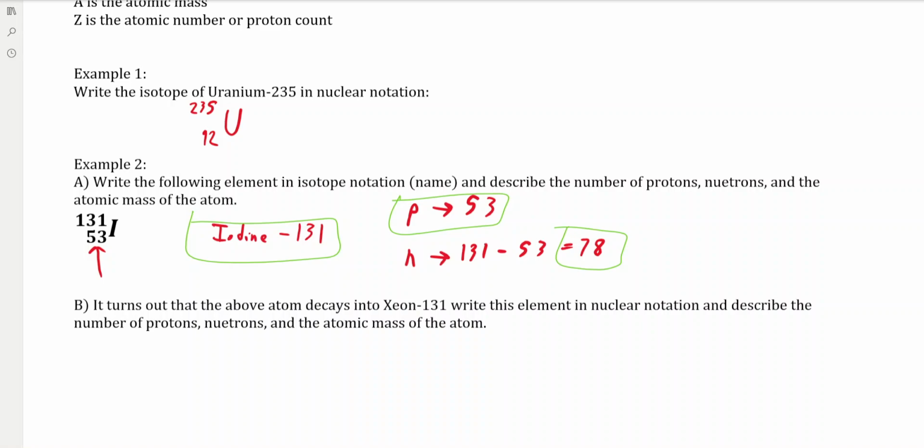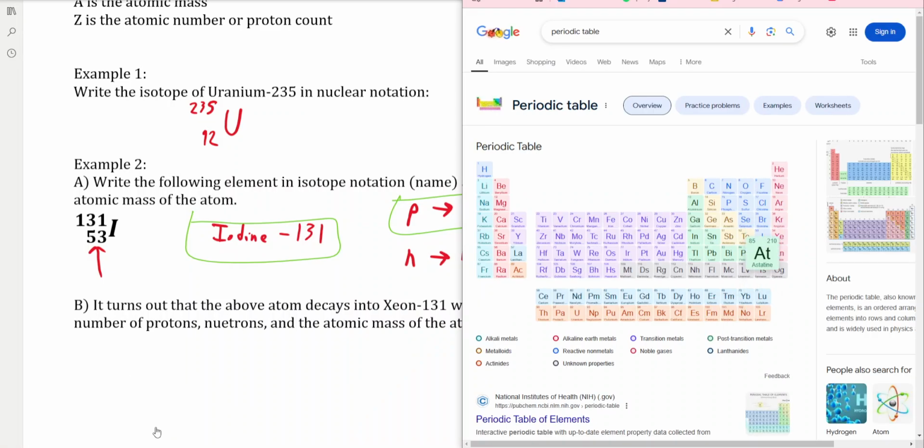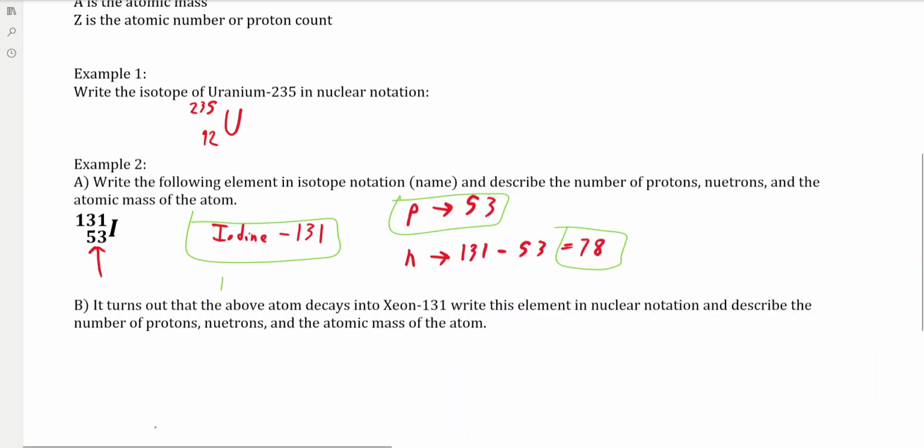But another way you can tell is, again, if we look at that iodine here, normally iodine is at 127. So to have 4 more neutrons than normal is outside of the normal, so it wants to decay. So that's why it does decay.